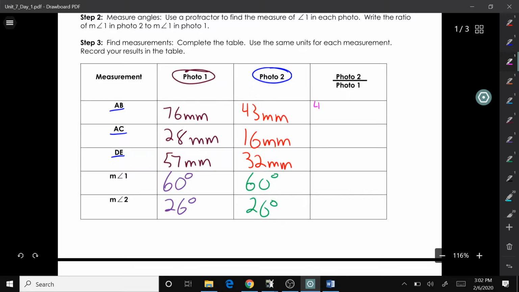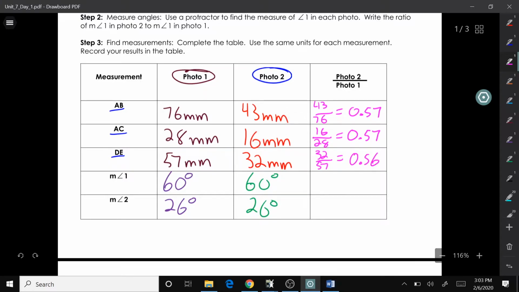So that's 43 divided by 76, and that's 0.57. Then we have 16 divided by 28, that's also 0.57. We have 32 over 57, and that's 0.56.